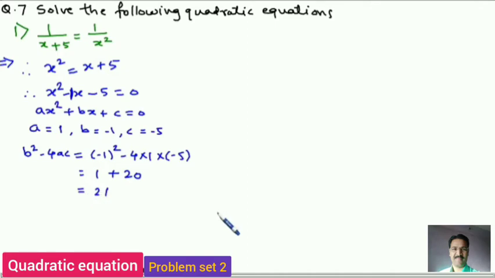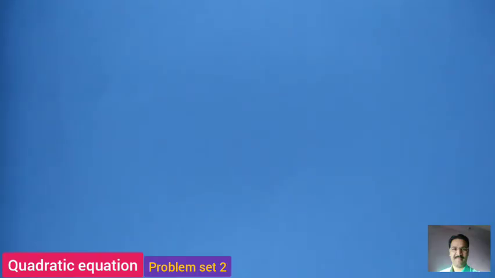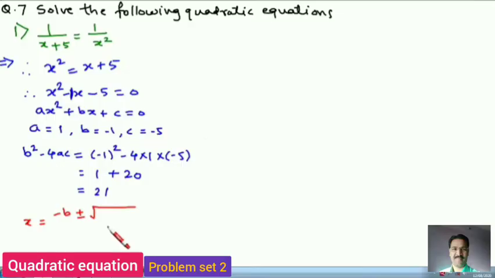Now the formula, that one we already know. I'll write this formula here, that is very important. That is x equal to minus b plus or minus under root b square minus 4ac upon 2a. Okay, friends, this is really very important.